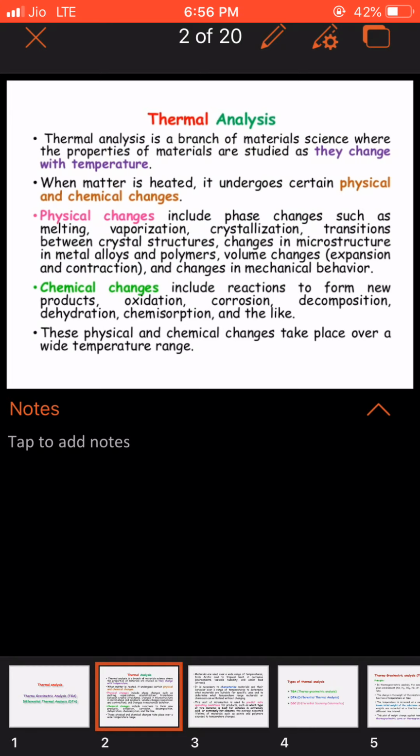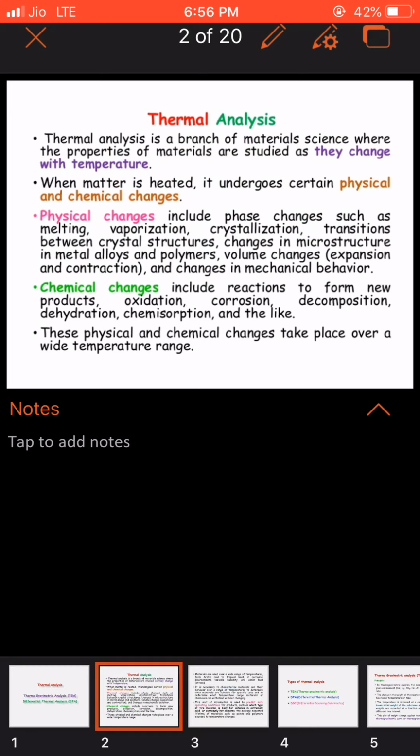So remember HCP. That's a phase change, right? So crystallization, vaporization, melting, and also transitions between crystal structures and changes in microstructure in metal alloys and polymers.